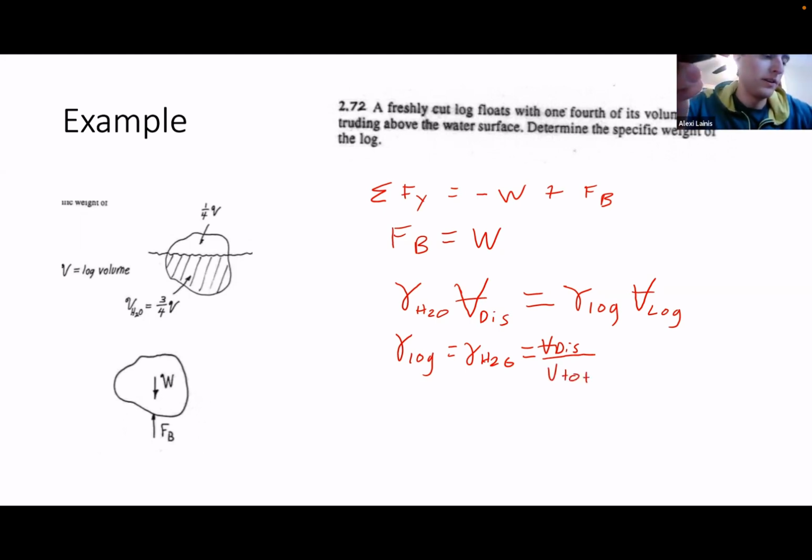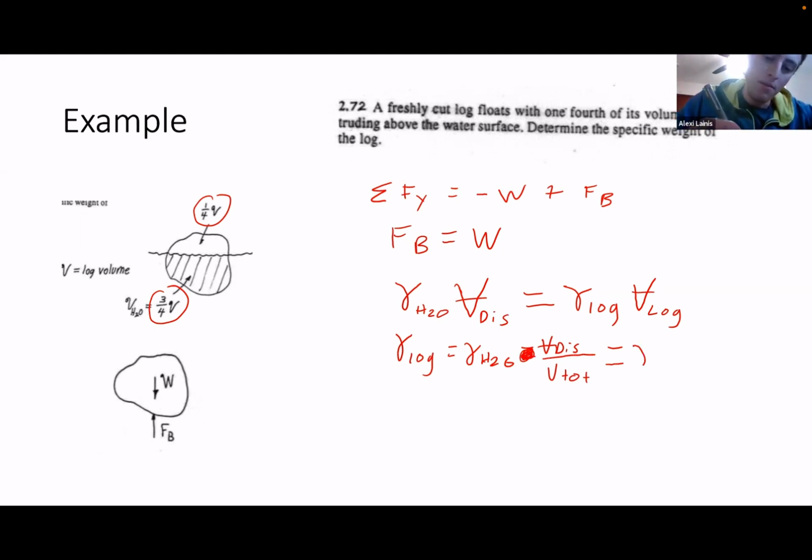Now in this problem, we know that the total volume is 1. If 1/4 of the volume is above and 3/4 of the volume is underwater, the total volume is 1. This shouldn't be an equal sign, this should be a multiplication sign, sorry about that.